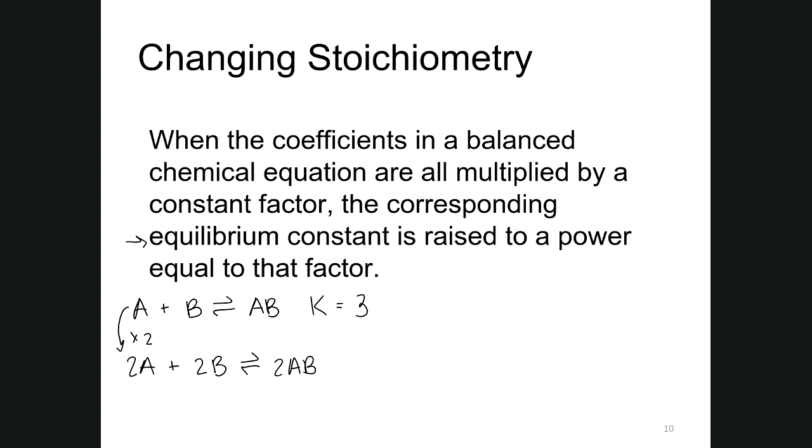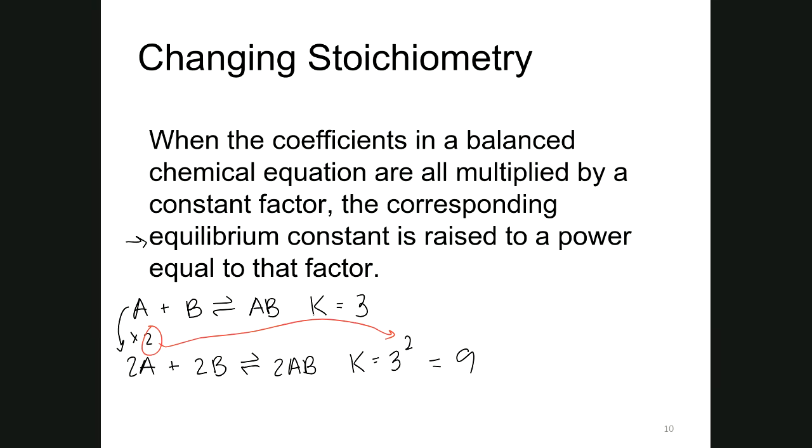So since these 2's would become squareds in our reaction, we can say that K then has to be equal to 3 squared. So all we did was take the fact that we multiplied the reaction by 2 and turned it into an exponent for K. So the value of K for this new reaction would be 9.